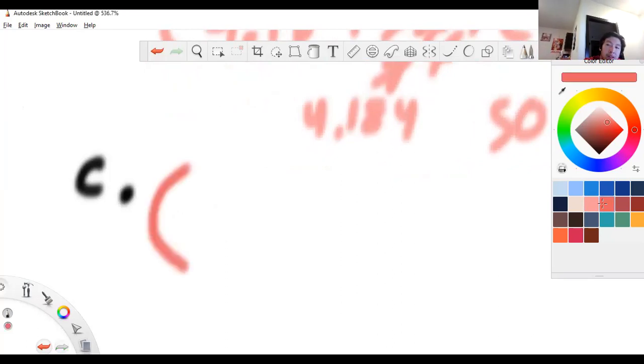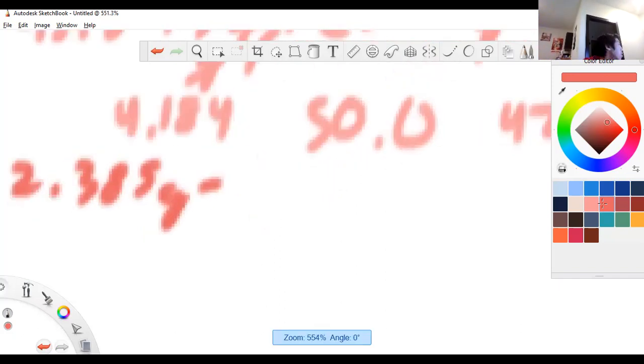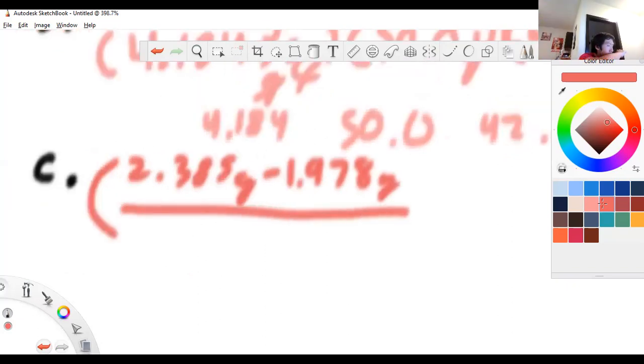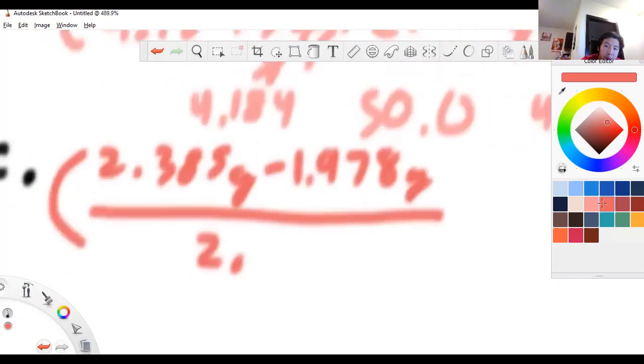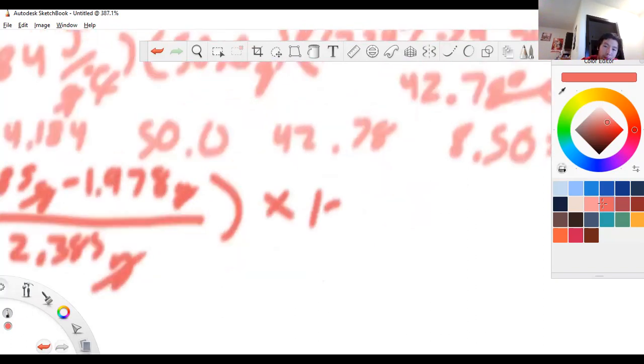I guess we're not back to black. 2.385 grams minus 1.978 grams all over 2.385 grams. So this gram can cancel out with these grams. Times 100%.